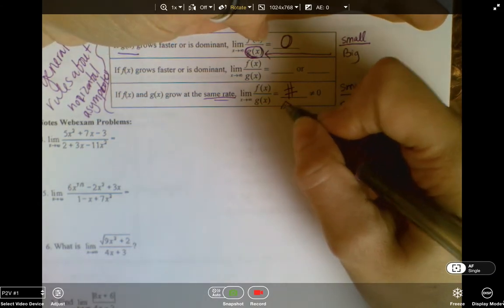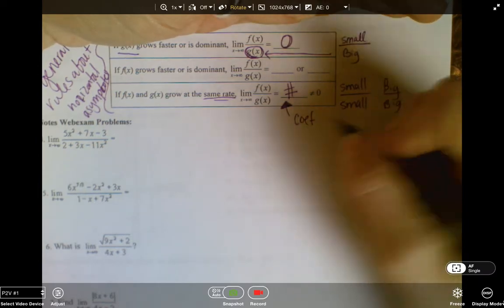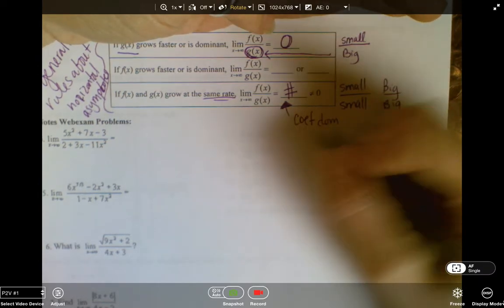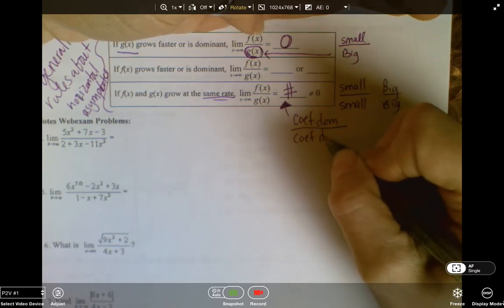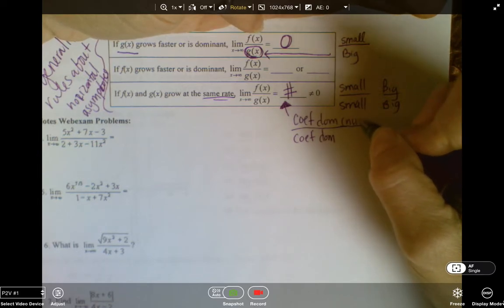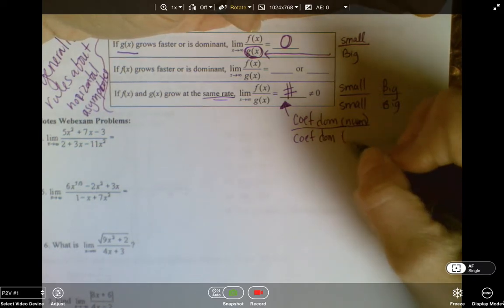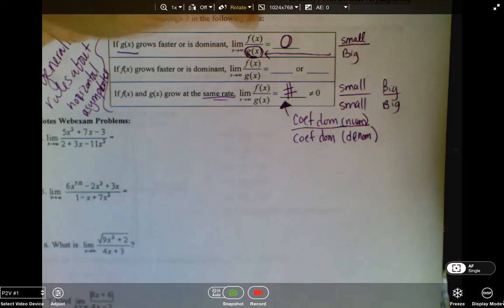So this number right here will be the coefficient of the dominant term of the numerator divided by the coefficient of the dominant term of the denominator.